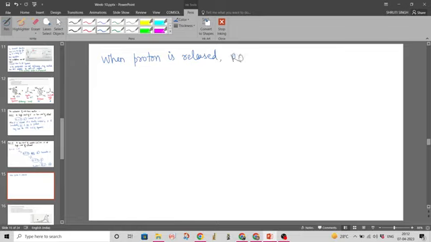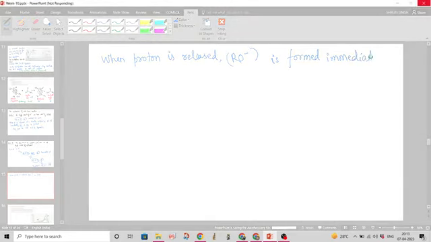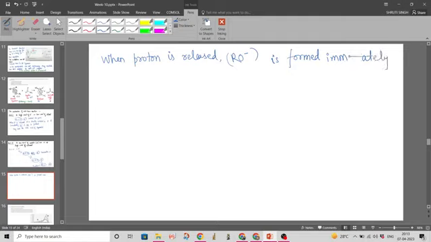What we get is RO minus, formed immediately, but the acetic acid formation is slower.